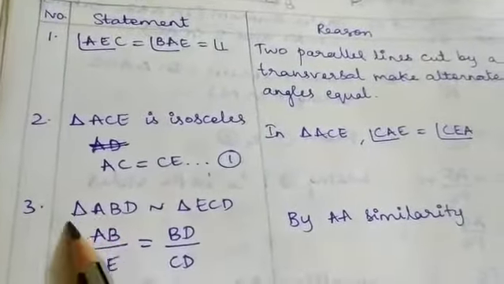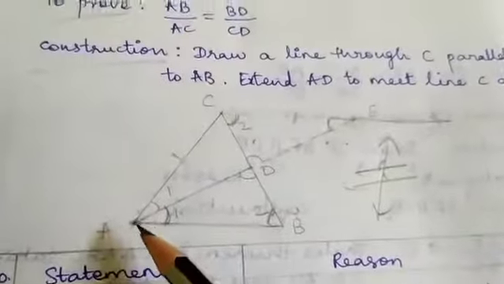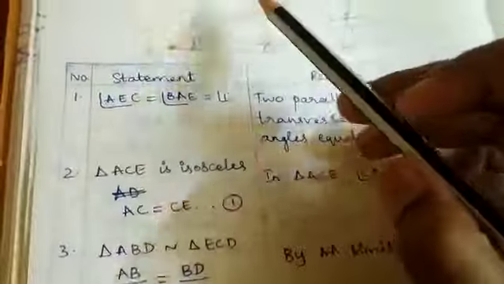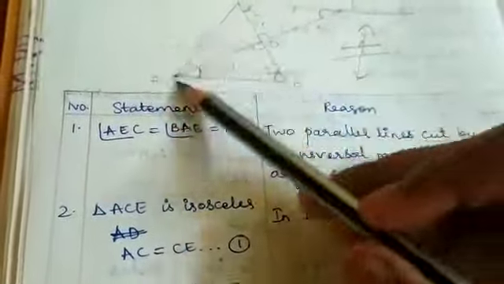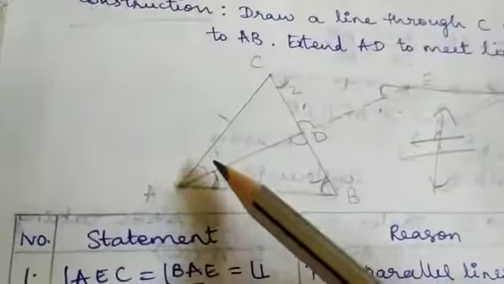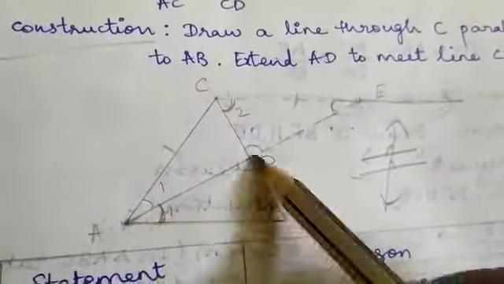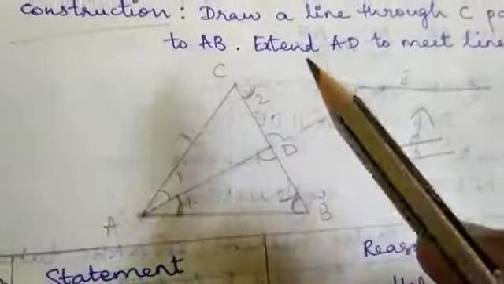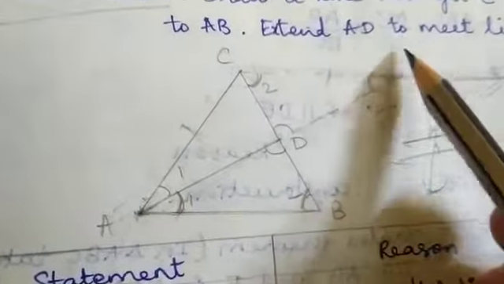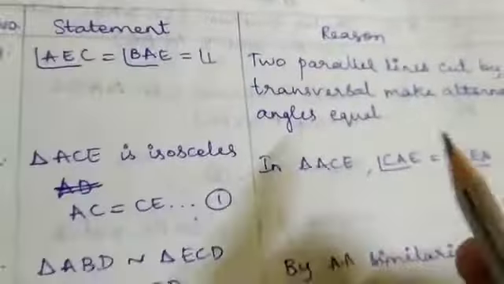Then our third statement is triangle ABD is similar to triangle ECD. How? By AA similarity. See, these two angles are equal, and when you see 1 and 1 are equal, then 2 and 2 are equal, so it is AA similarity.